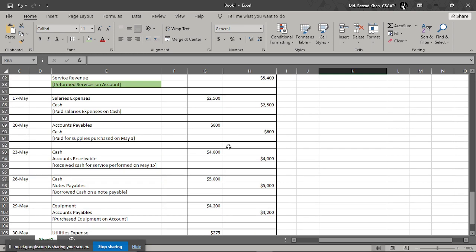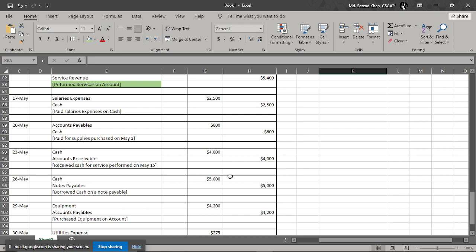So in matrix, what happened with the cash? I borrowed the money from the bank with the help of the issue of a notes payable. So I gave a notes payable to the bank. The notes payable is nothing but an agreement. In place of that, the bank gave me $5,000 cash.